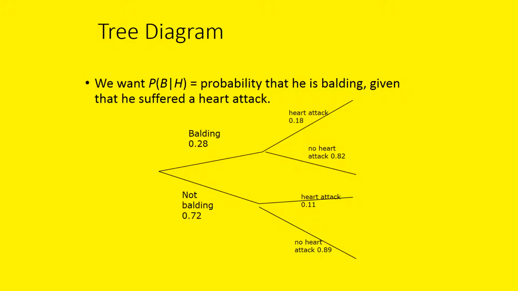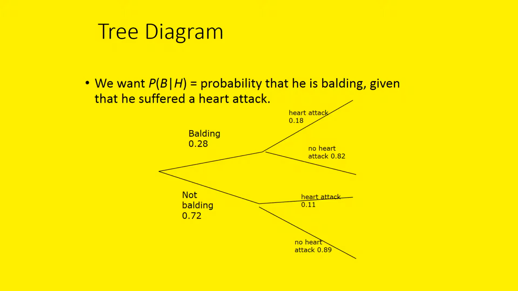So this tree here describes the problem. You've got probability of, if you have a guy, he's middle-aged, probability that he's balding is 28%, and therefore that he's not balding, that probability is 72%.